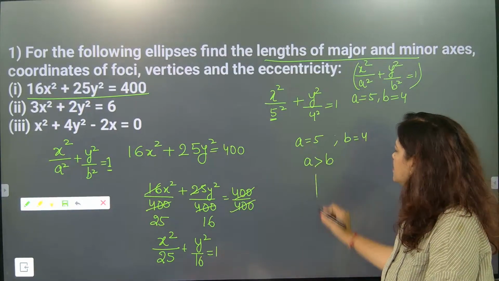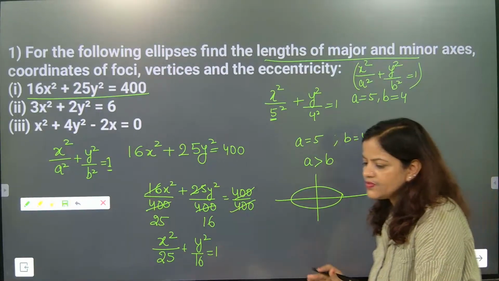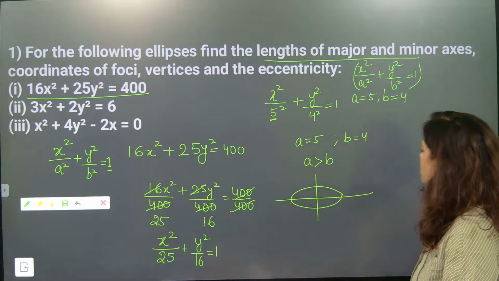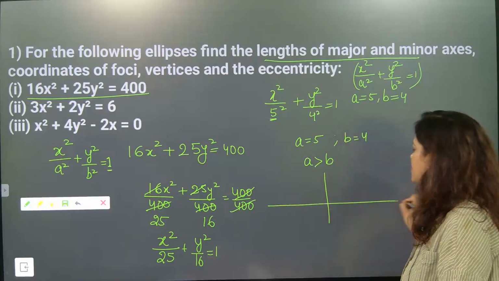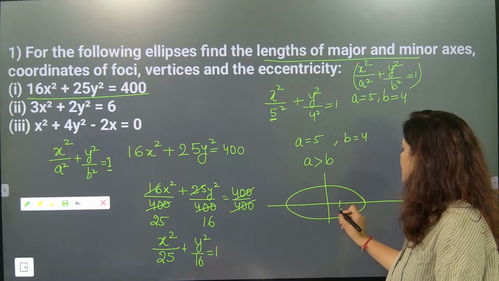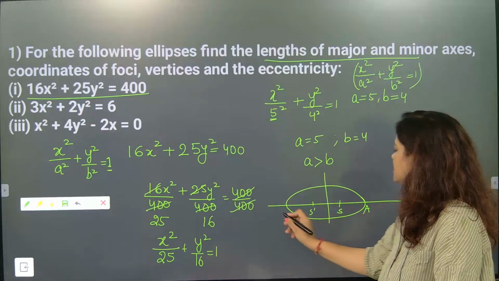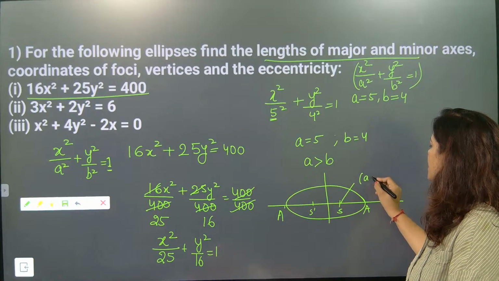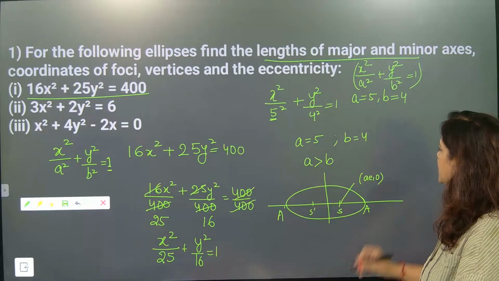That means the ellipse is resting on the x-axis. So all the work we do will be based on the x-axis only. In this situation, the ellipse has its foci on x and x dash, vertices A and A dash, and the focus point will become ae comma 0.